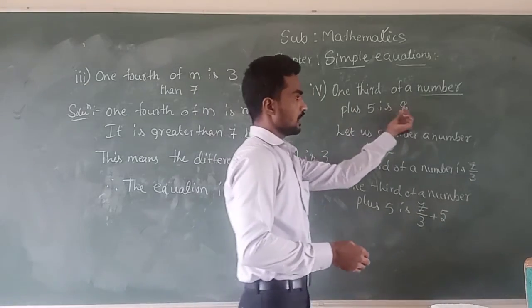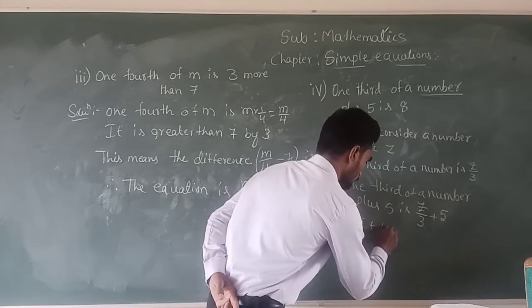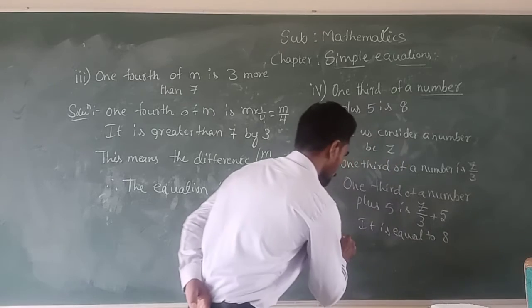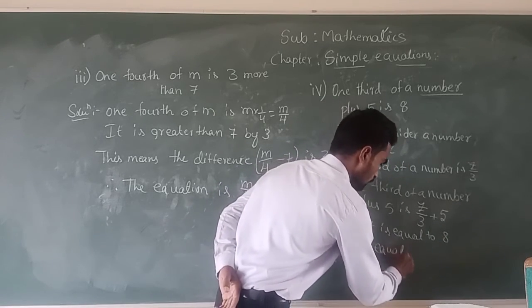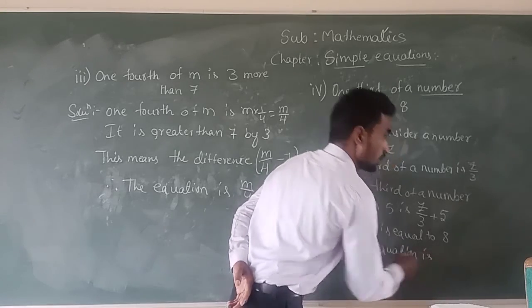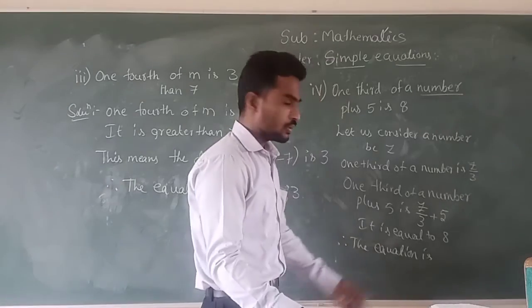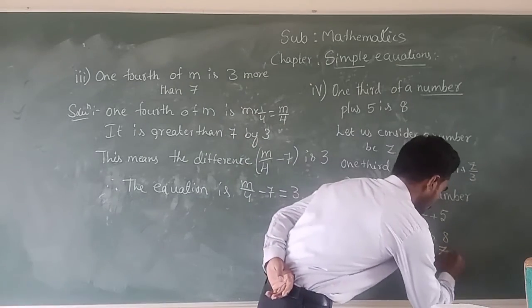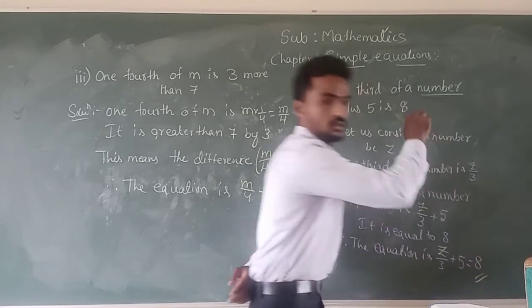It is equal to 8. Therefore the equation is z/3 plus 5 is equal to 8.